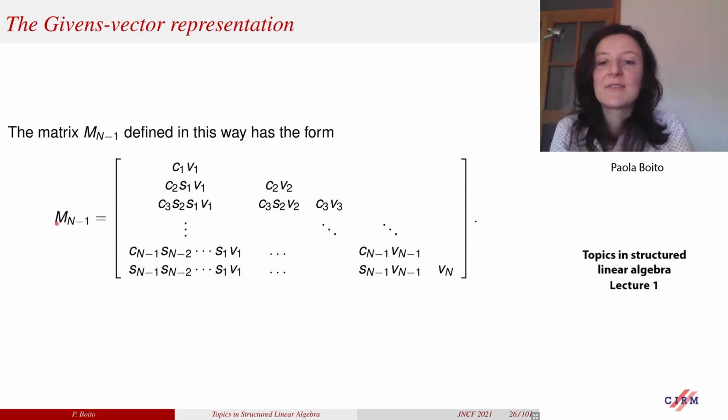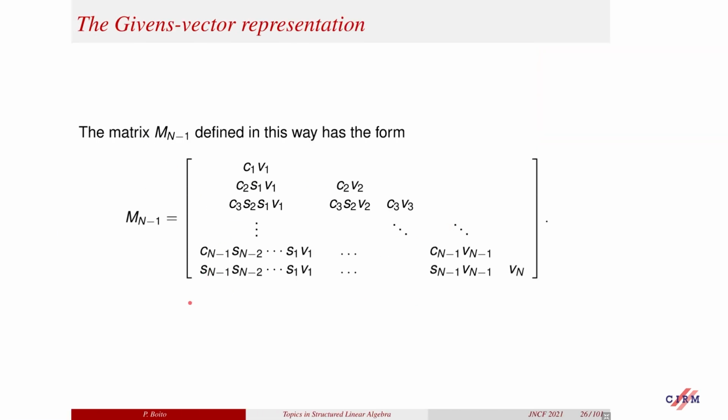And so the matrix defined in this way has this kind of form. You can see that if you look at it this way, it resembles a bit the quasi-separable generator representation, right? So we have this product of entries in the Gauss transformations, the sines and cosines, and the entries of a vector.